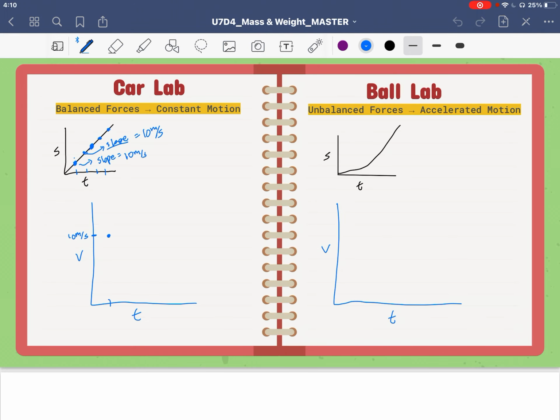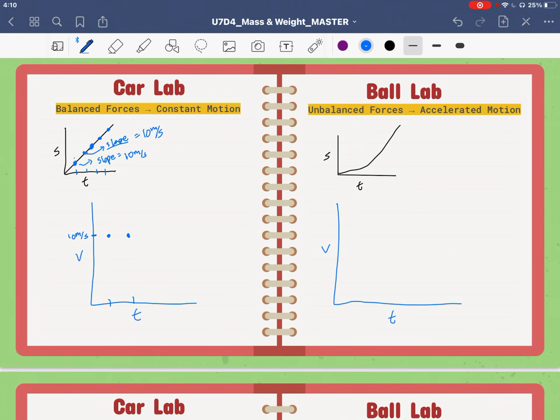At time equals 3, my slope is still 10 meters per second, etc., etc. At every time point, my slope never changes. Remember, slope is velocity, slope from my ST graph, I should say. Velocity is not changing. This is constant motion.